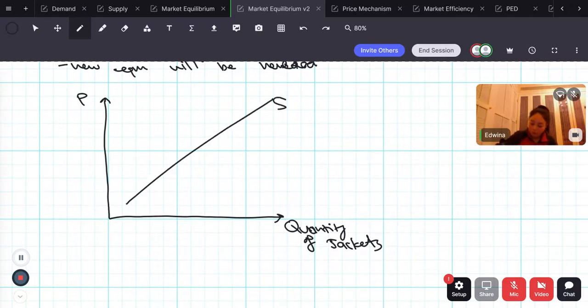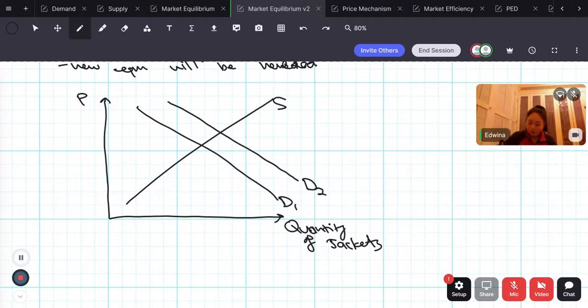So we have supply and demand. And let's say it's winter, and so more people are demanding jackets. And so demand shifts outward to D2. So what happens now? Well, first of all, let's mark where the equilibrium point was. P1, Q1. That's the initial equilibrium with the curve S and the curve D1.